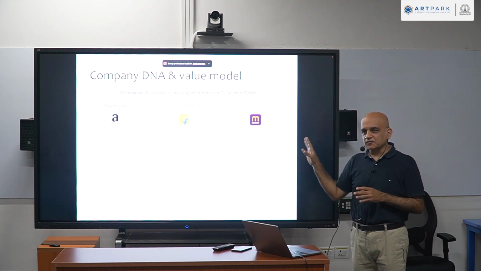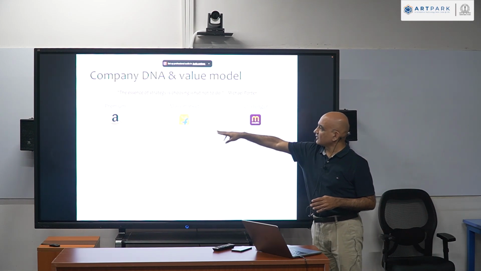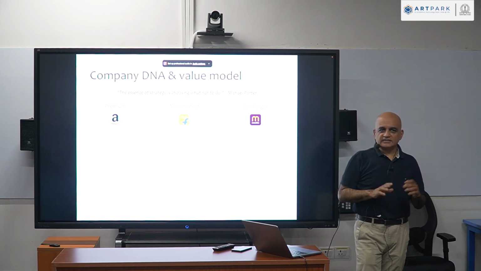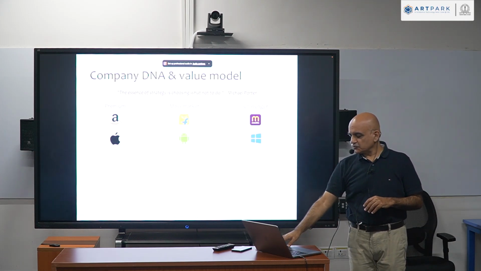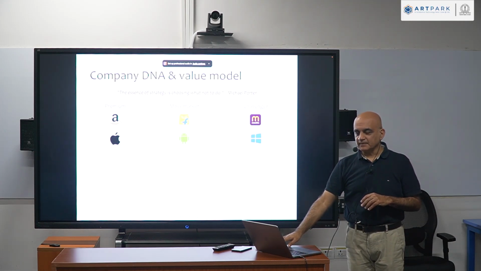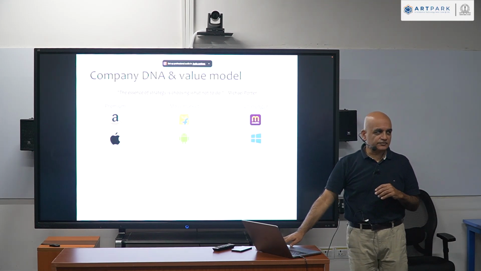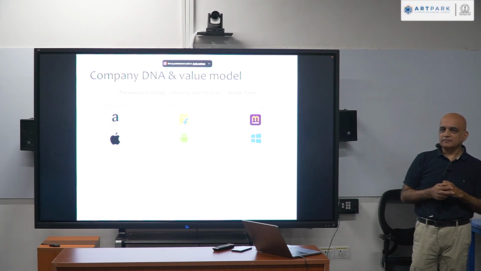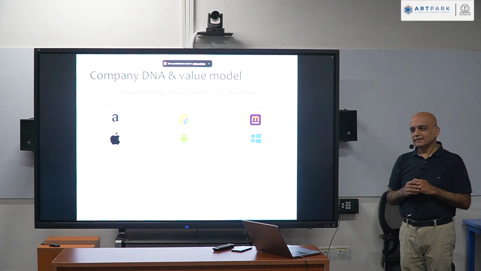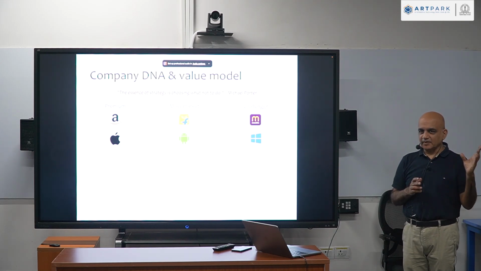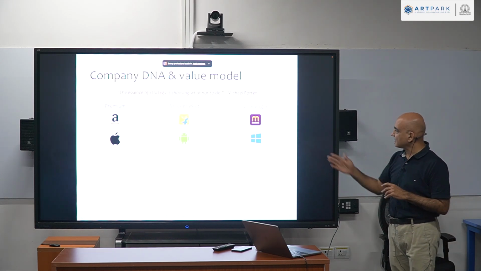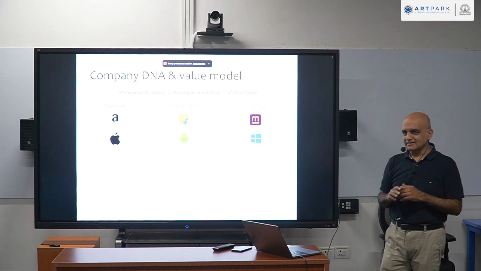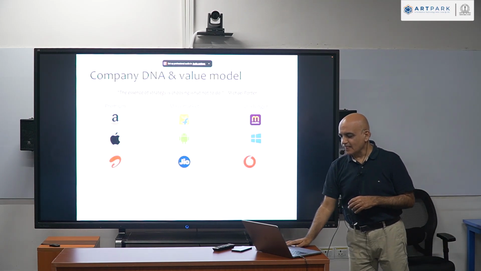It's still figuring out, does it want to go here or does it want to go there? So eventually, it's true for every category. Here's an example of another category which you will recognize very easily. Apple versus Android, obviously, one is on the premium side, the other is not. Windows is actually dead. The challenger is no longer alive.